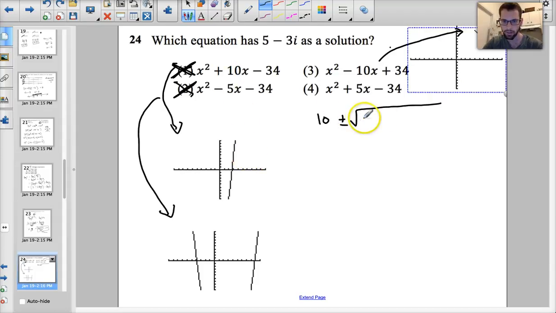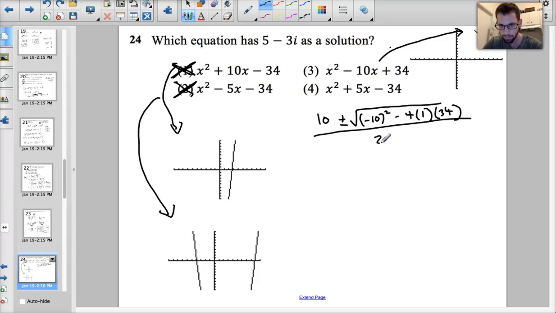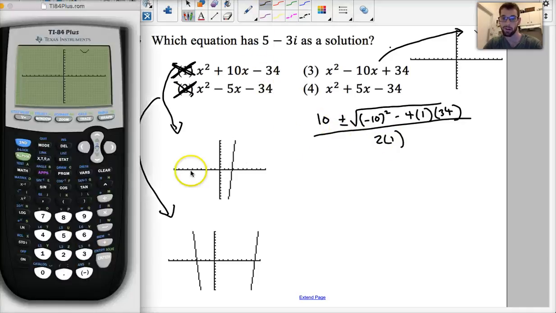And so now I'll just continue this. So this was b squared minus 4 times my a term times my c term all over 2a. And this is looking promising because 2 times 1 is 2. I'll just remember that that's 2. And 10 divided by 2 is going to give me a 5, which is what I wanted.